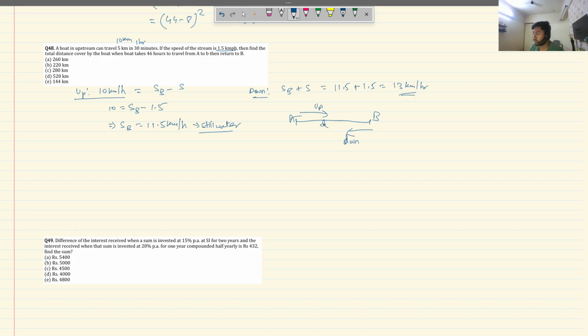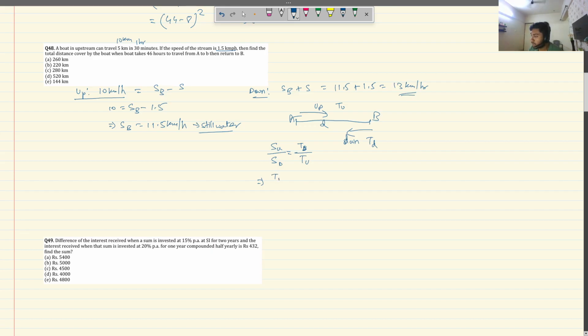Since if distance is constant, that means ratio of speed would be inverse of the time taken. अगर मुझे अपस्ट्रीम जाने के लिए टाइम tu लगा है और डाउनस्ट्रीम आने के लिए टाइम td लगा है, दैट मीन्स speed upstream by speed downstream would be equal to time downstream td by t upstream, right?